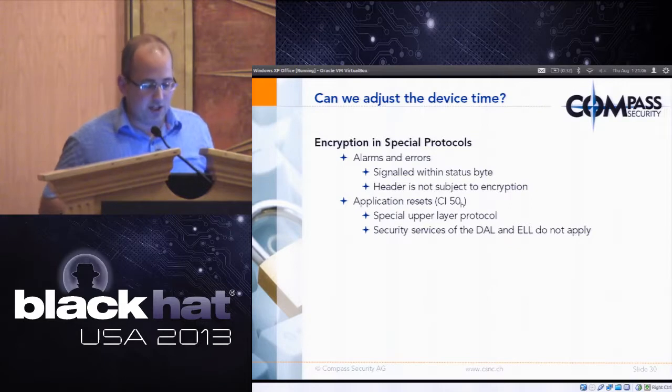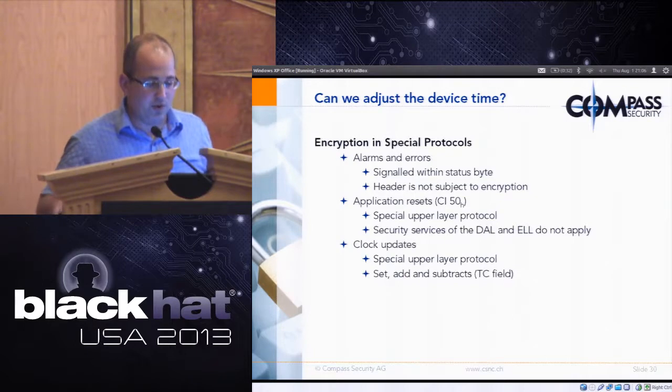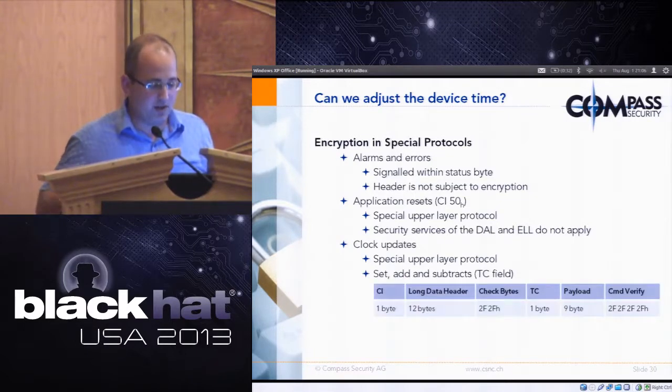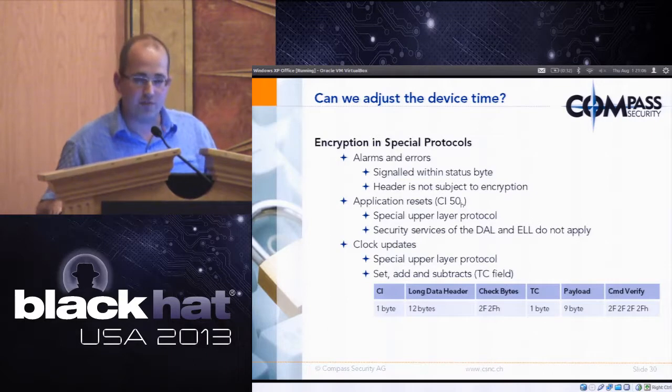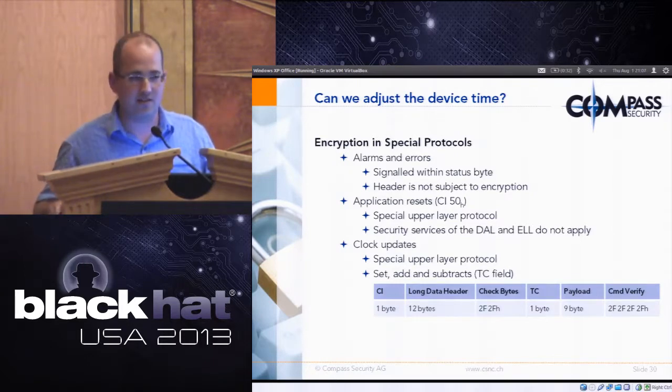You can send application resets, or you could do clock updates, which actually could be subject to encryption, but as you have heard, we could replay packets. So if we have captured a time update, then we just send the time update again, and the key stream is going to repeat.